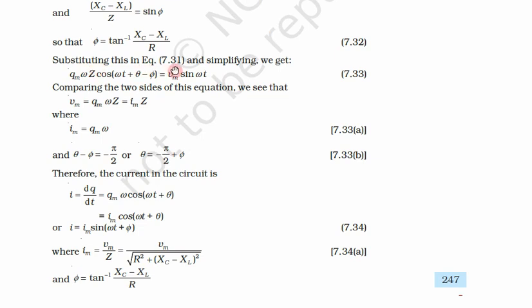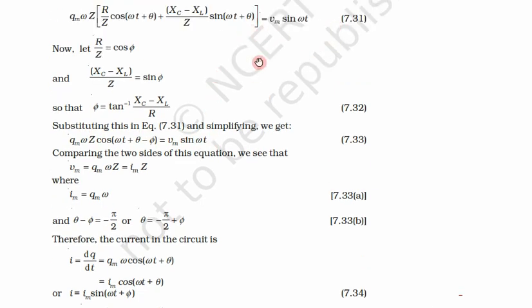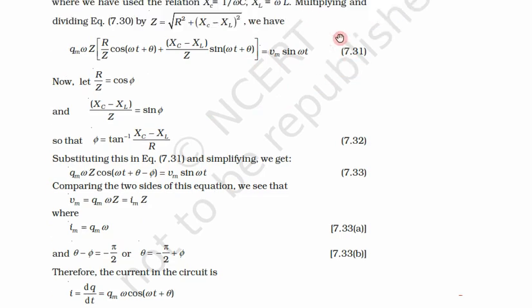Substituting this into equation 7.31, we are putting this value and simplifying, what do we get. We are substituting these values, r by z and xc minus xl upon z. So let us write this equation.